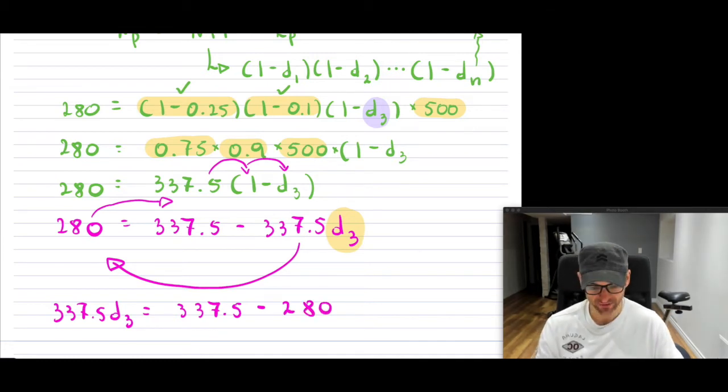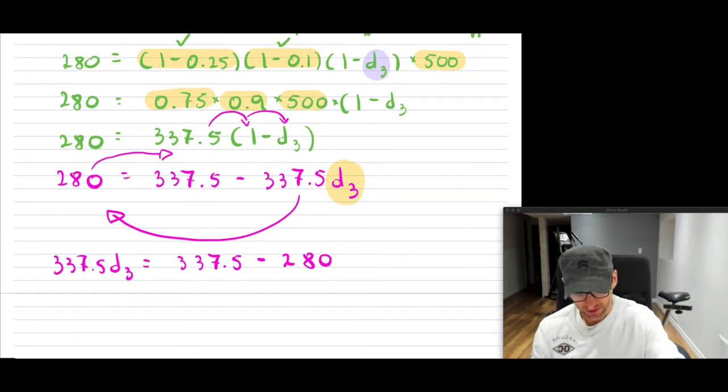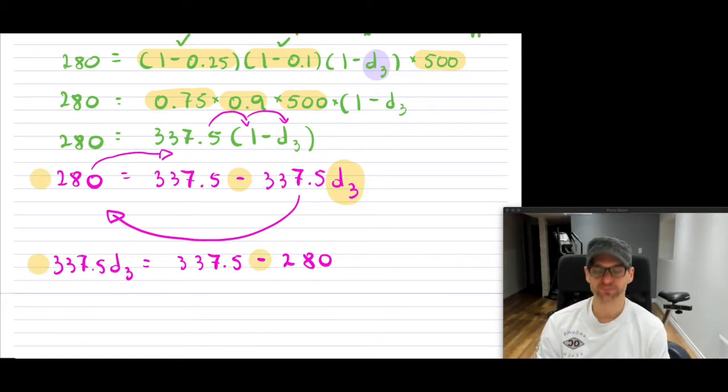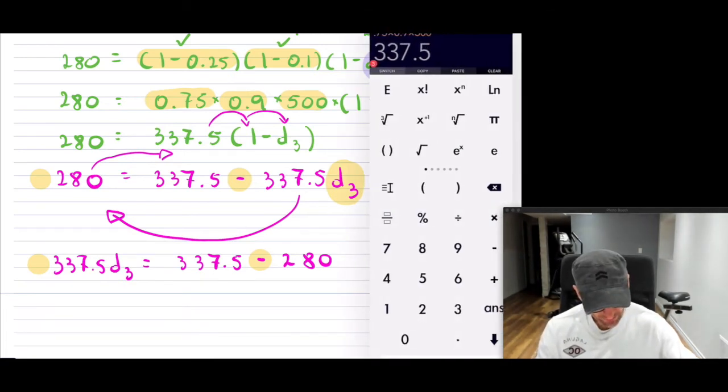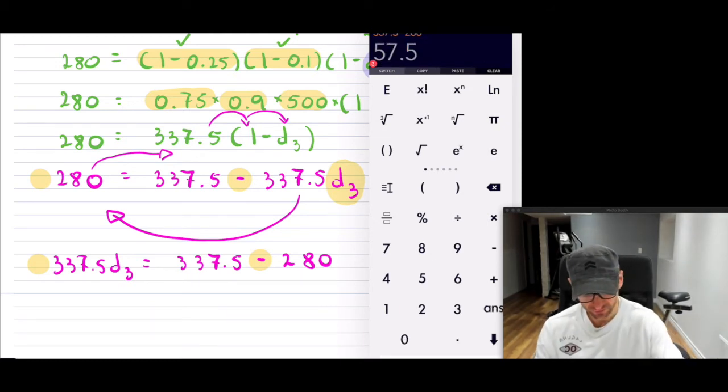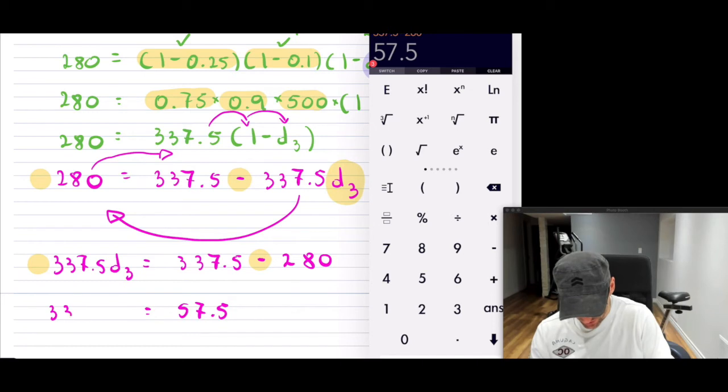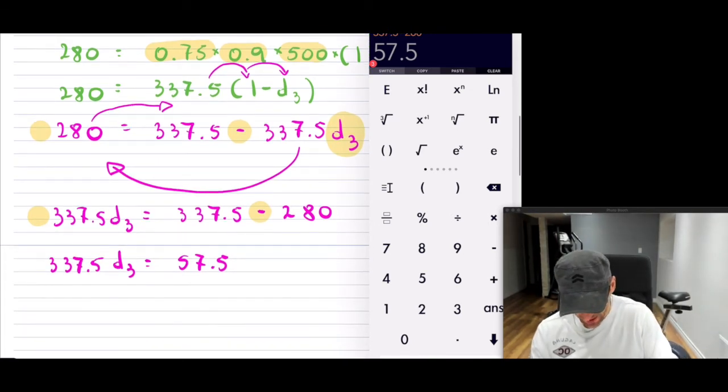Notice the signs have changed. This became positive here, and this became negative here. So now I have 337.5 minus 280. That will be 57.5. 337.5 D3. Now divide both sides.